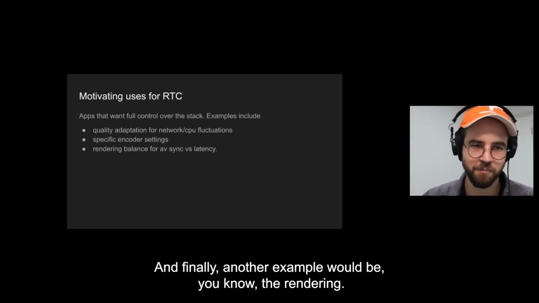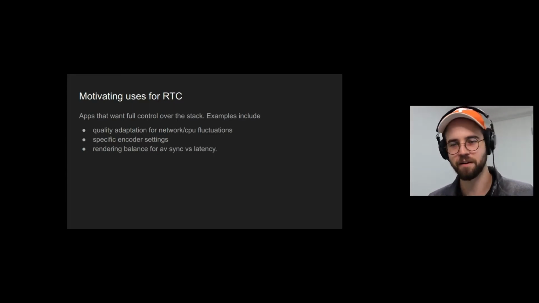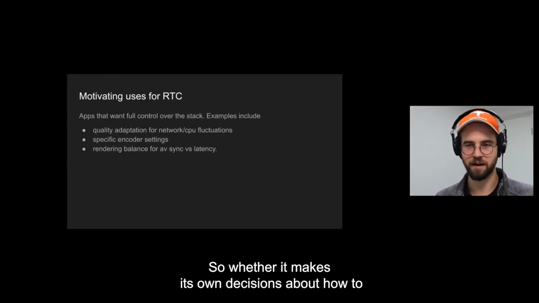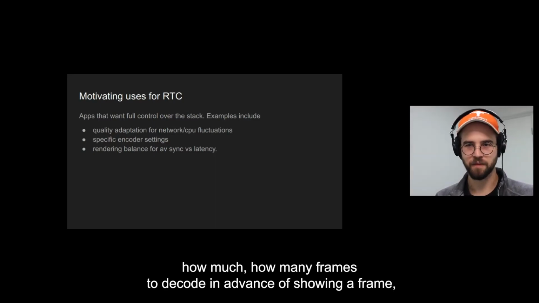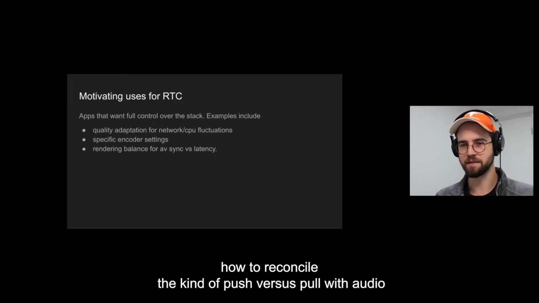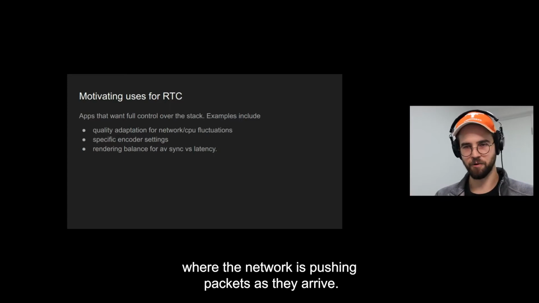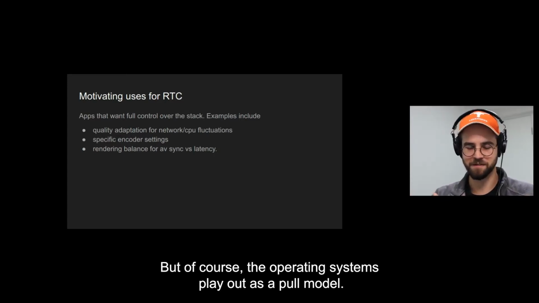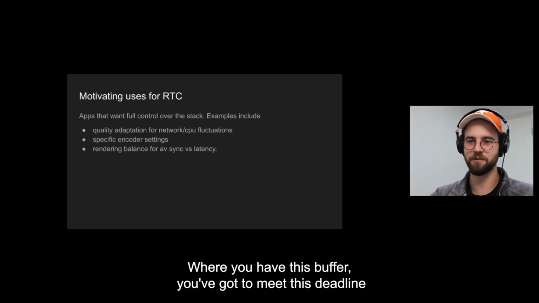And then finally, another example would be the rendering. WebRTC makes its own decisions about how many frames to decode in advance of showing a frame, and how to reconcile the push versus pull with audio, where the network is pushing packets as they arrive, but the operating system's play out is a pull model where you have this buffer.